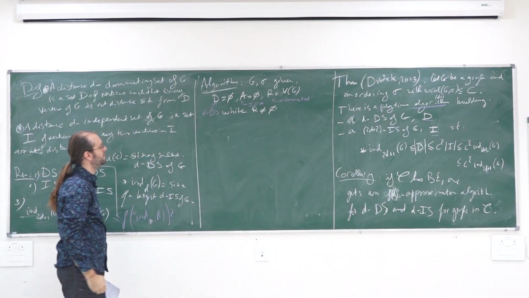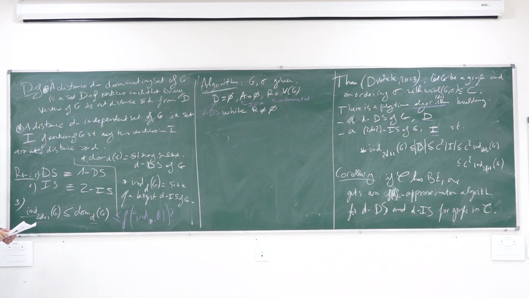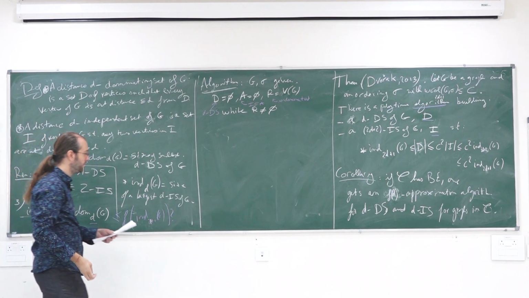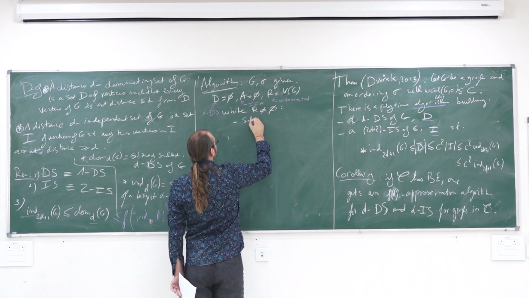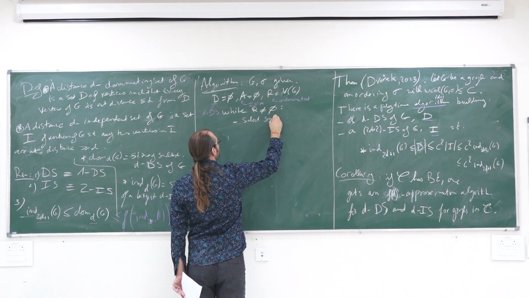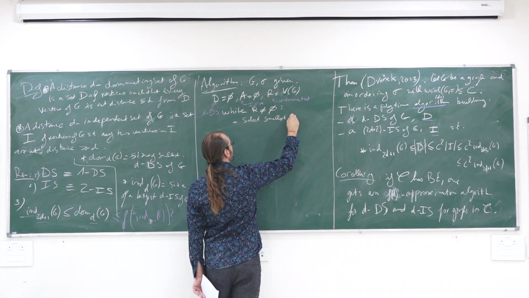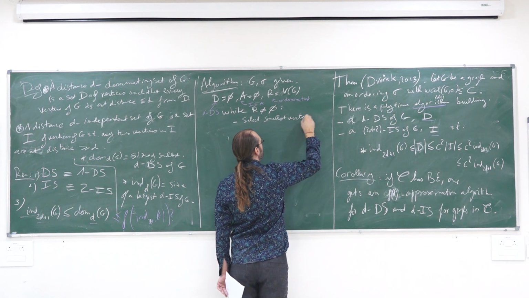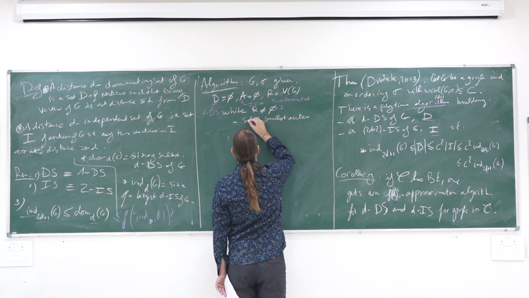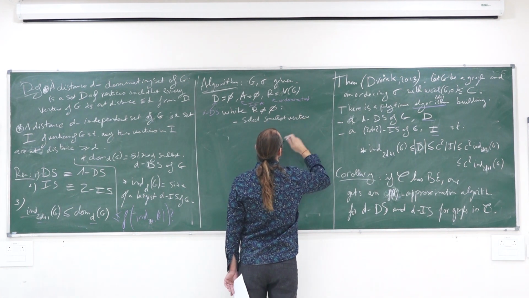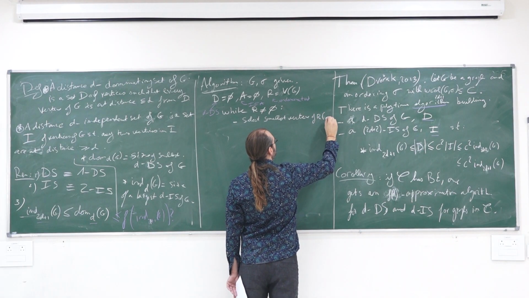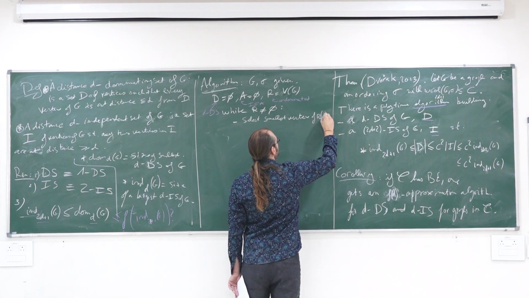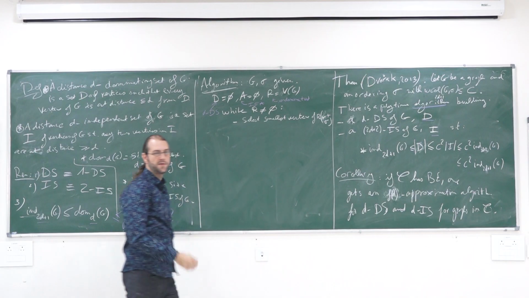While there are undominated vertices, while R is not empty, what do we do? Select the smallest vertex of R. We're going to say smallest, as usual. I think you're getting used to it. I take the smallest in sigma, with respect to my ordering sigma, which was part of the input.